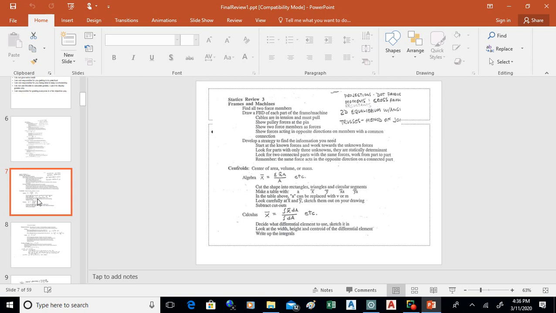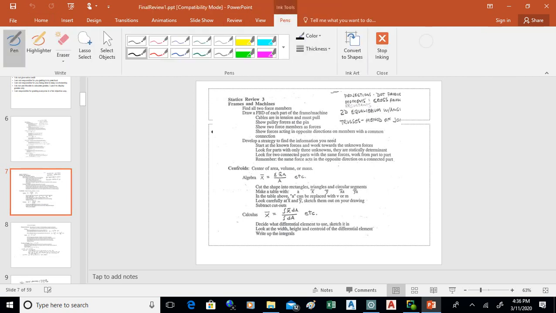Remember to turn the forces around as you work your way from one member to the next. That's important. So when you have a two-force member, that means that on each of the joints the forces are just opposite, and they point towards each other from one joint to the other.